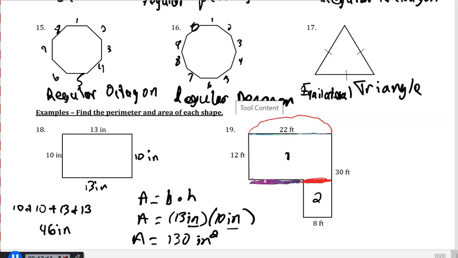So if the purple one and the red one add up to 22, we know what the red one would have to be. Since this is 8, that would have to be 8. And since the purple and red have to add up to 22, this has to be 14. So that 14 added together with our 8 should give us our 22.